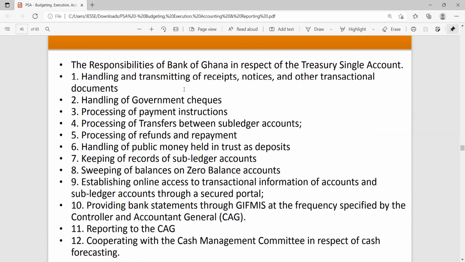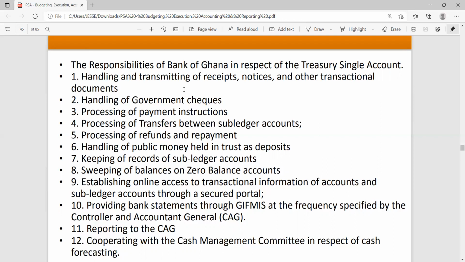And as you would know, the Bank of Ghana will be responsible for handling public money held in trust as deposits. The Bank of Ghana will be responsible for keeping records of sub-ledger accounts. They are also responsible for sweeping of balances on zero balance accounts. Sweeping of balances, very, very important.